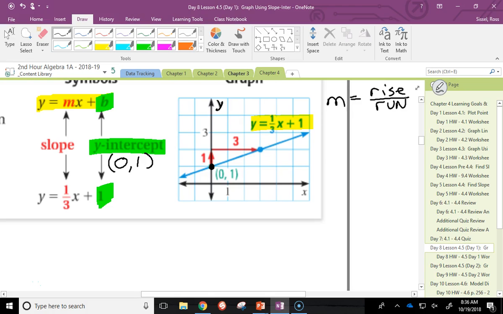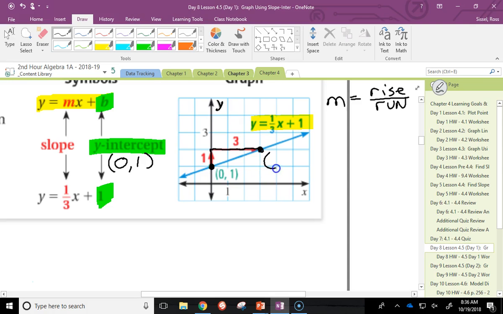So from here it said 1/3. You're going to go up one line, and then I go over 3. 1, 2, 3. That is a new coordinate that fits with our slope. Because of our slope-intercept form, this would be on that line guaranteed.